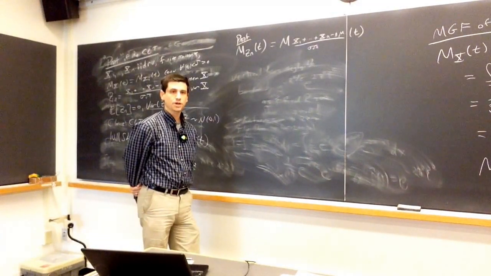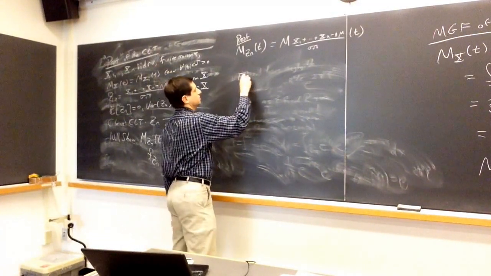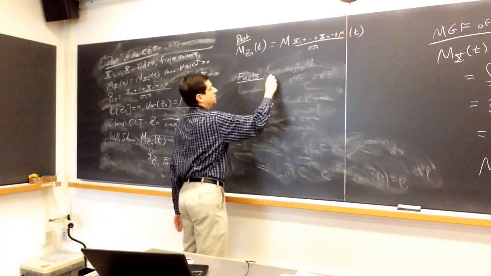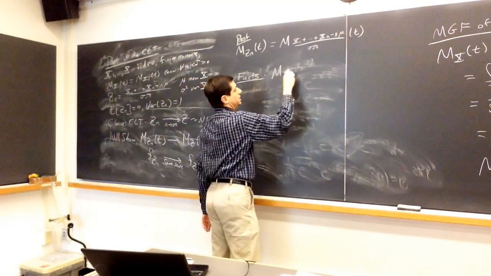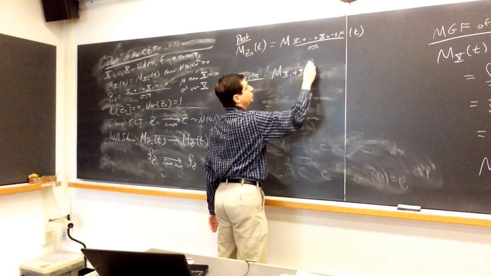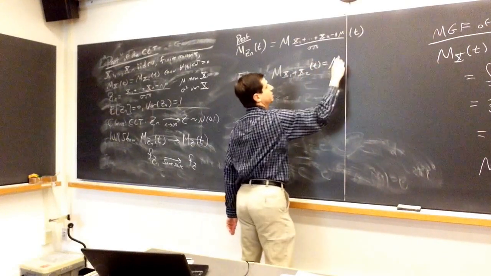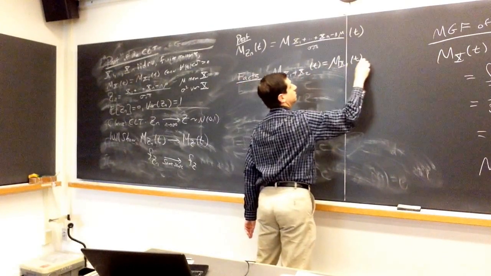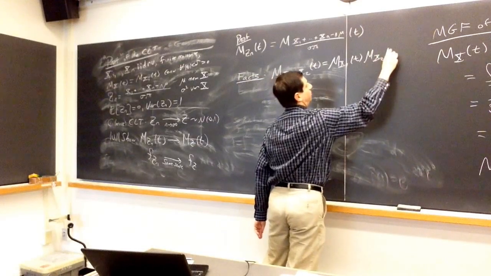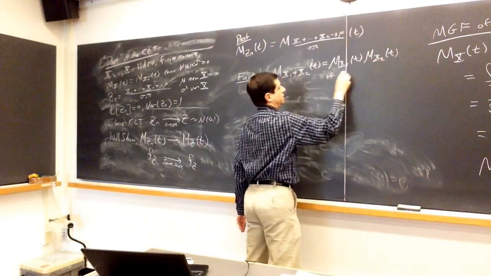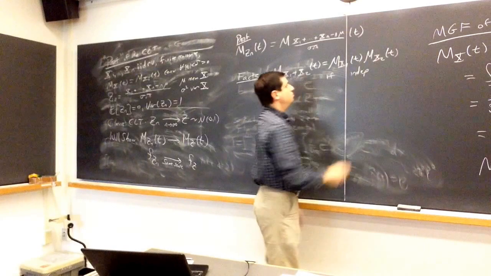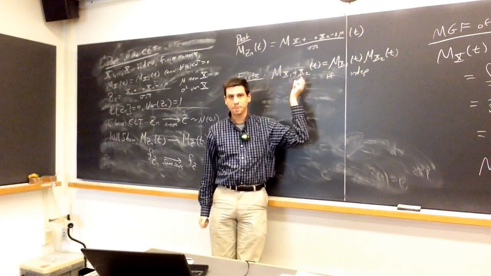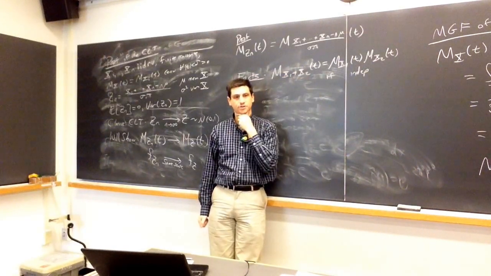Okay? So we need a couple of facts. The first is that if you have two independent random variables, the moment generating function of a sum is the product of the moment generating functions.